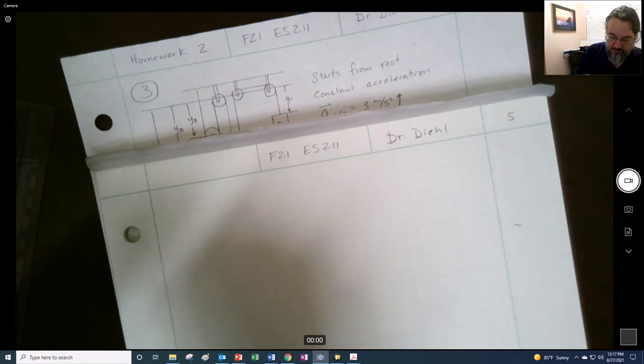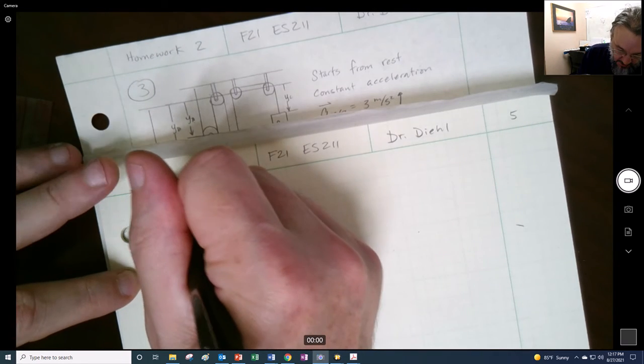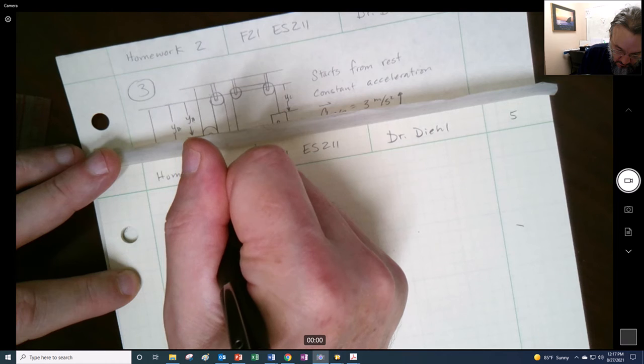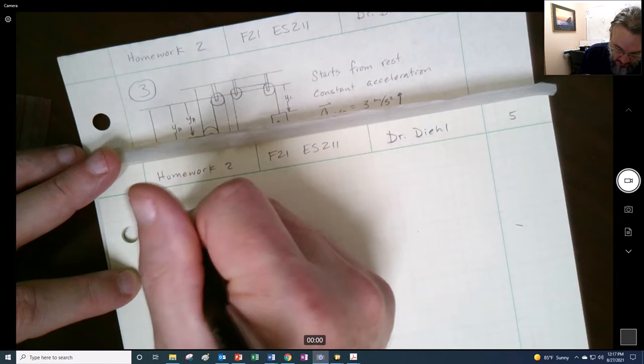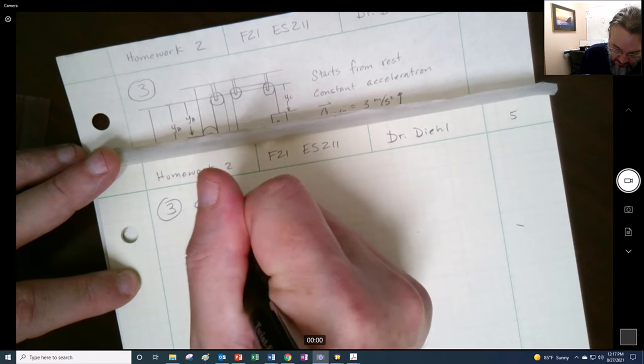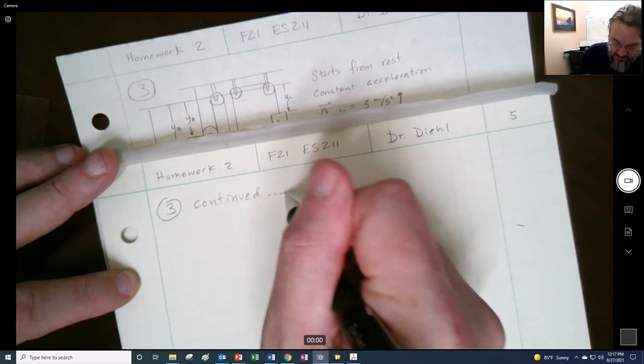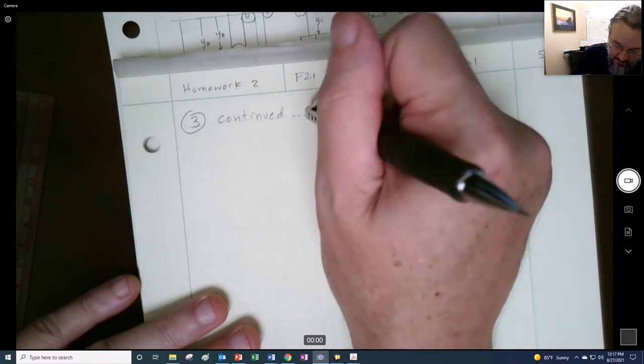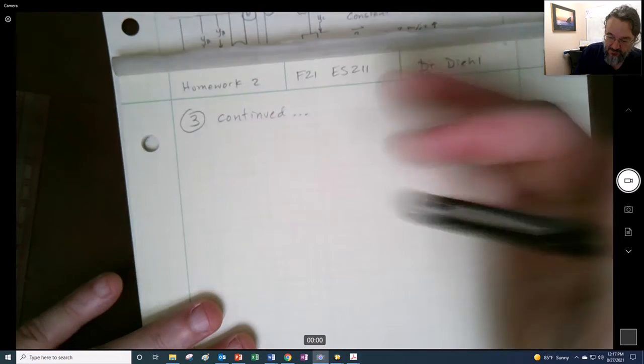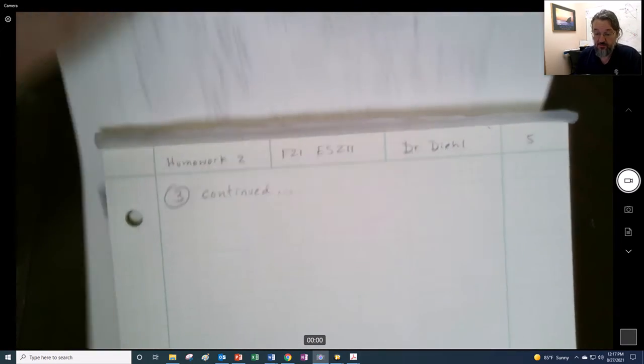And this is homework 2. This is 3 continued, dot, dot, dot. Maybe it's only 3 dots, right? That'd be correct.